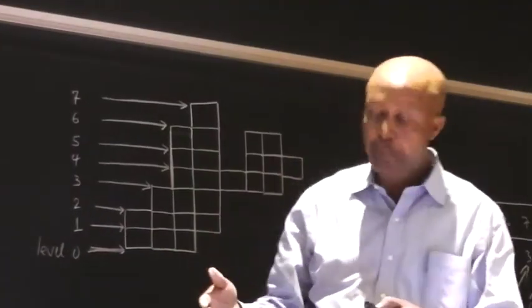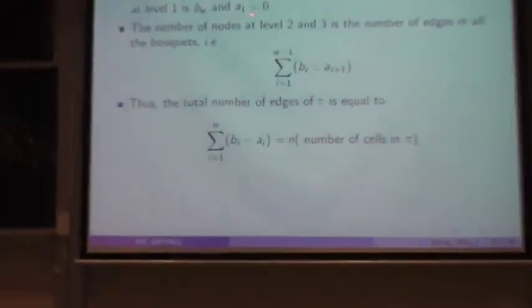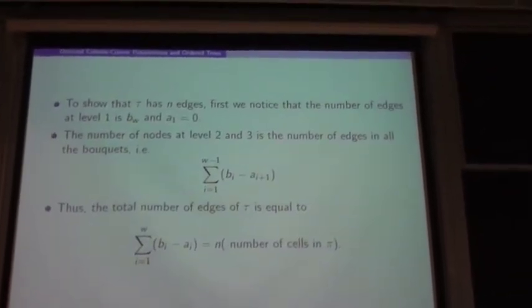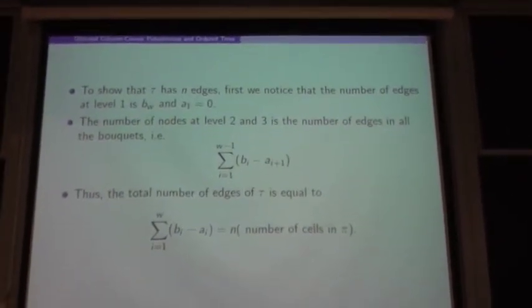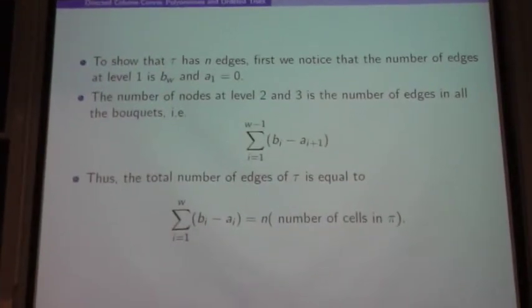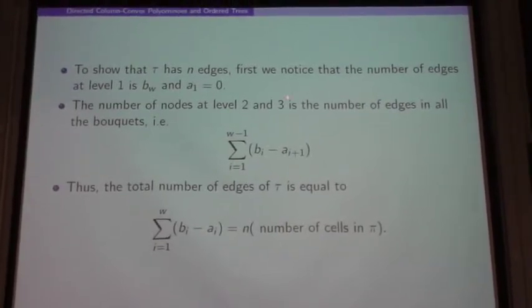Really, to complete this proof, what they have to do is show that the ordered tree that we have constructed has n edges. Okay? Yeah. Do you already have the function? I forgot. Did you give the function? I'm going to get there. Not yet. I intentionally wanted to do this one first. Okay?